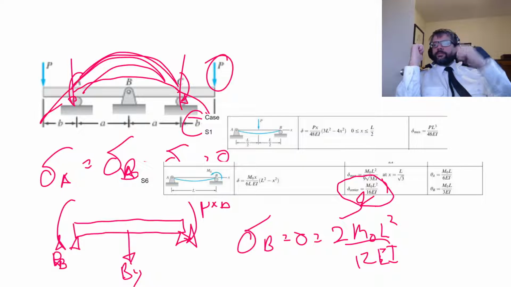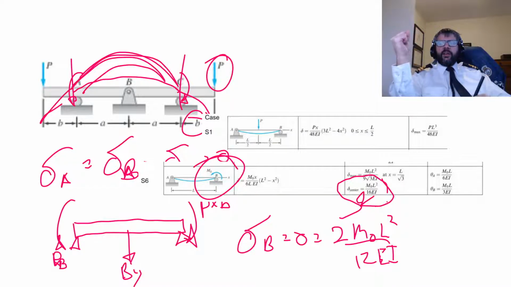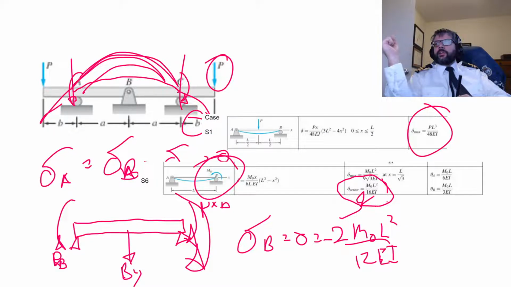Although, based upon the formula here, keeping in mind that M naught there was based upon a rotation at that end, we're rotating the other way, so that's negative. And then when we get to this load here, that's going to be positive, so plus PL cubed over 48 EI.